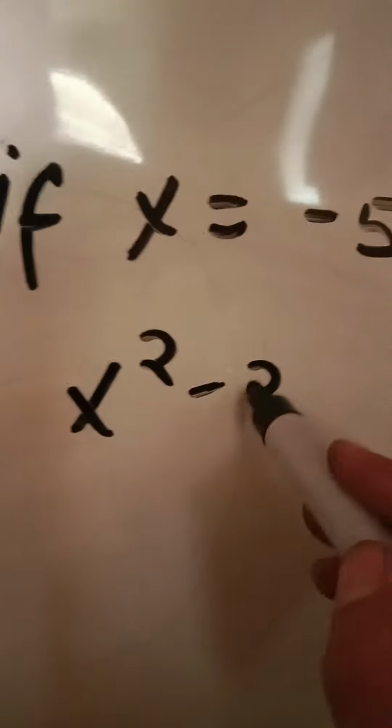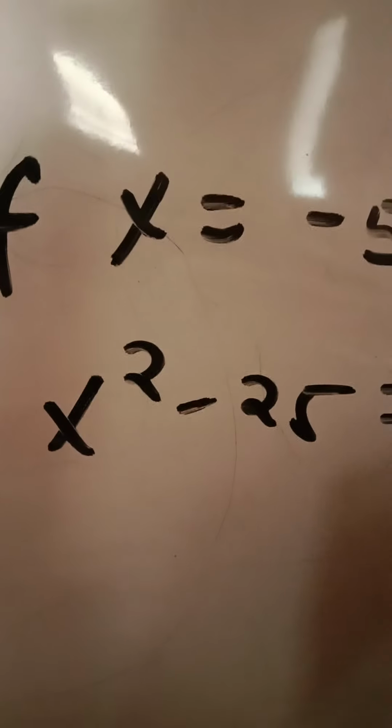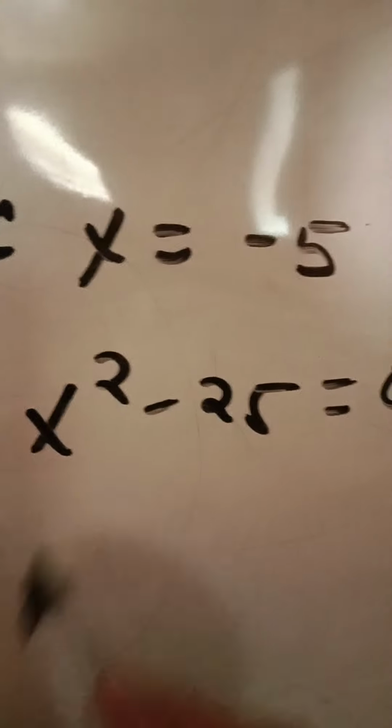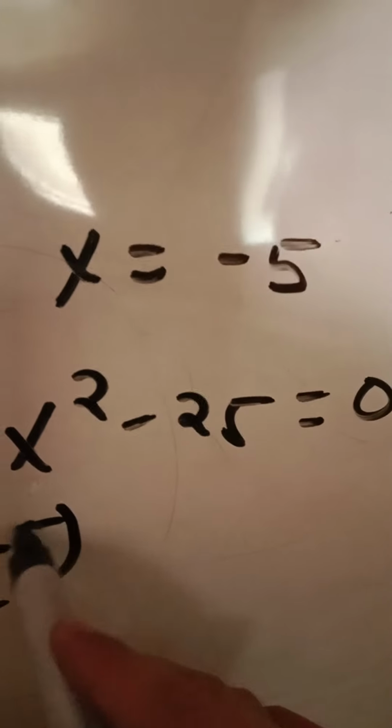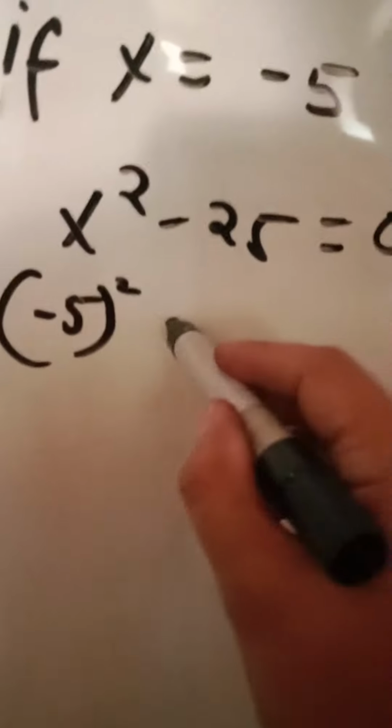If x is negative 5, x squared minus 25 is equal to 0. So our x is negative 5 squared. Negative 5 squared minus 25 is 0.